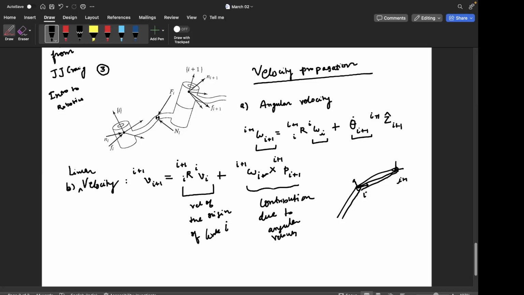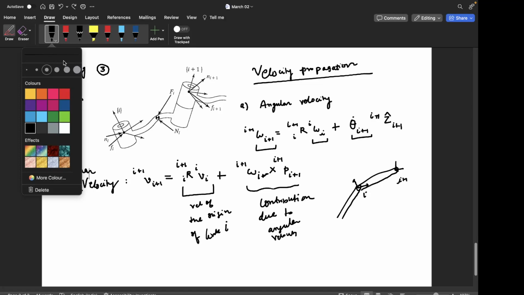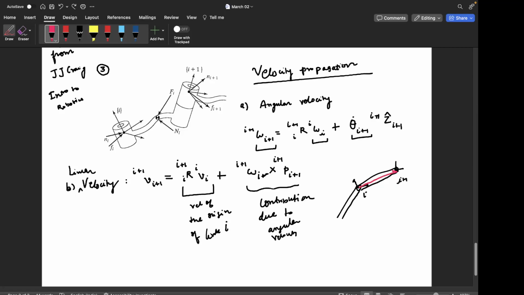And this is the position vector, which I am denoting as pi plus 1, and this link is going around with omega I. Okay, and velocity of this frame is vi, velocity of this frame is vi plus 1. Any doubts in this expression? Pretty much straightforward.